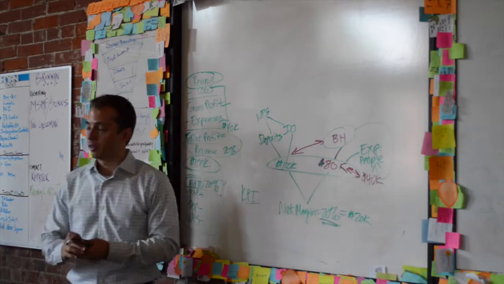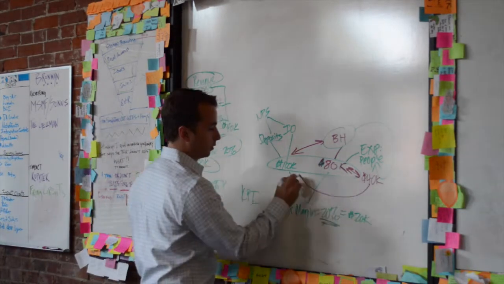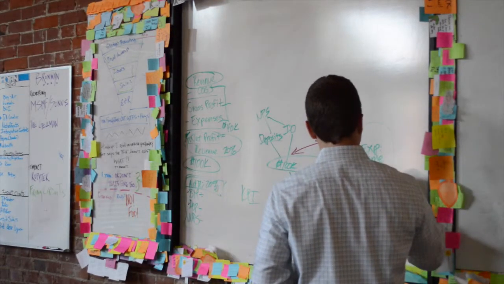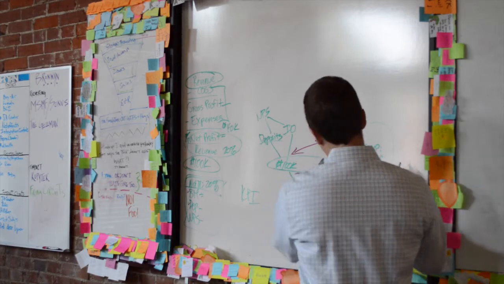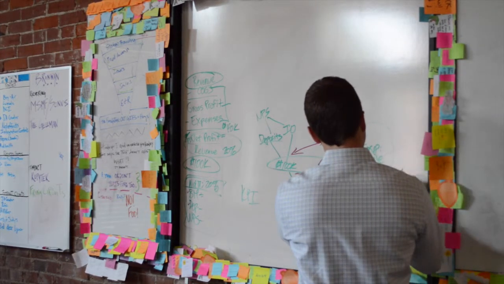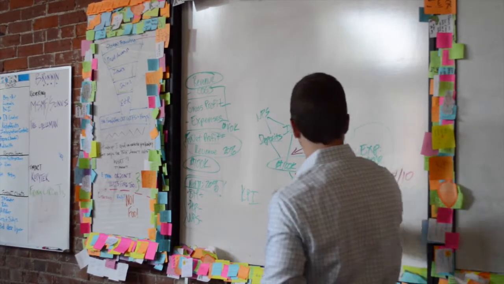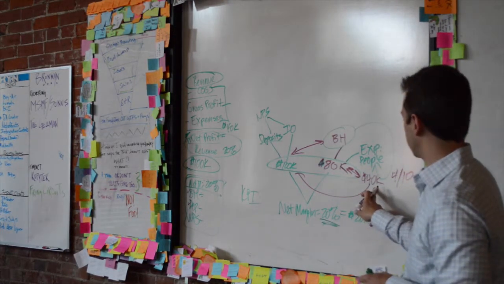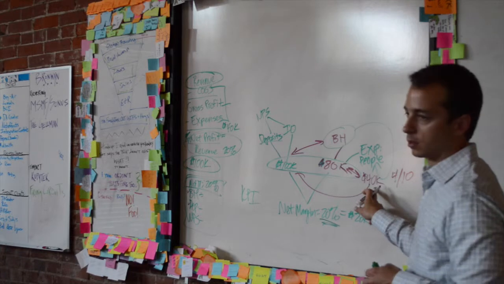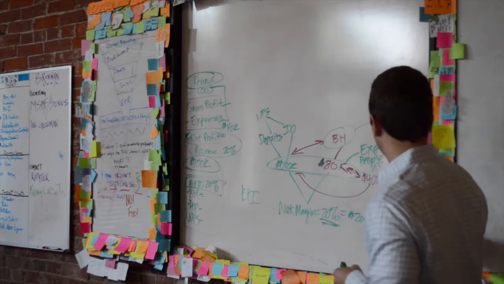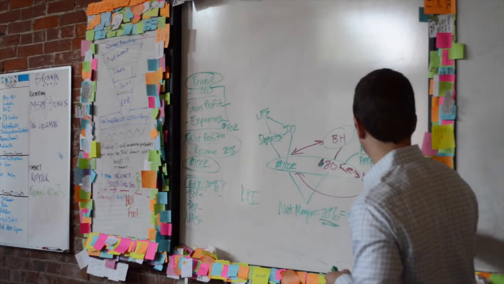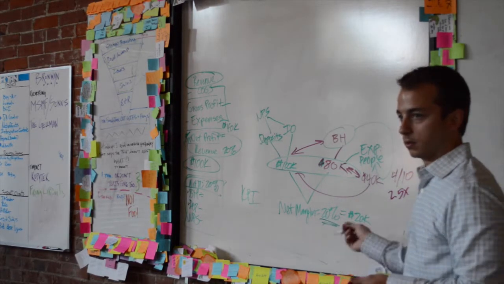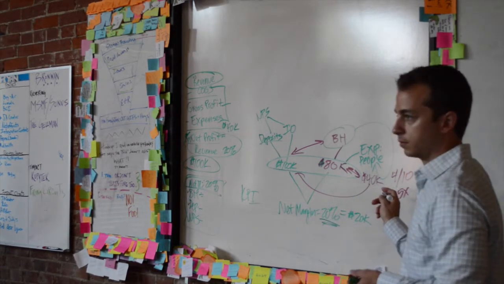So that means that now this ratio here is 4 over 10, if it's 40 over 100. So that means for every dollar that we spend on people, we need to have 2.5 revenue, right? 4 times 2.5 equals 10.